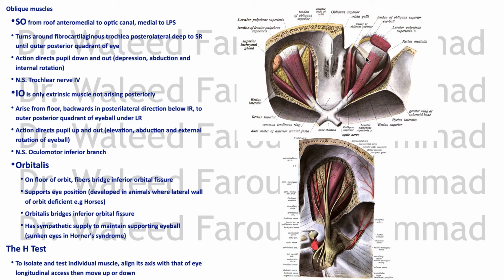See? So it must go behind the equator of the eye, because now we'll consider the muscle runs in this direction. Forget about this part of the muscle, because this is the part that exerts the action on the eyeball.